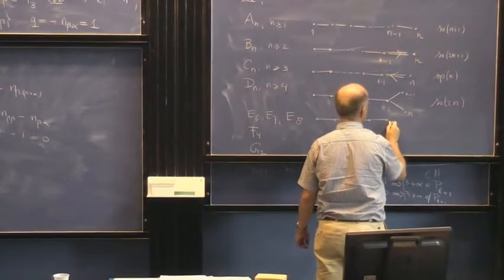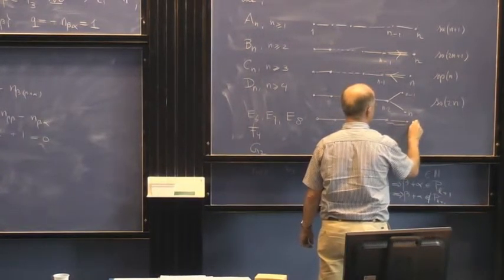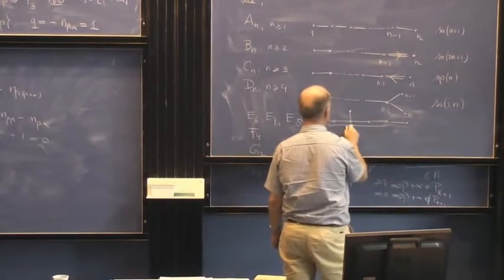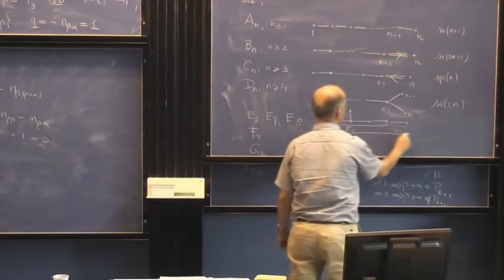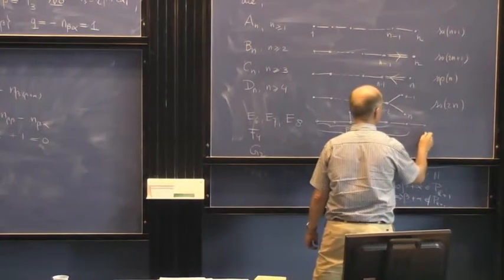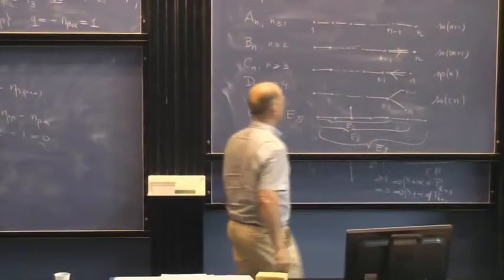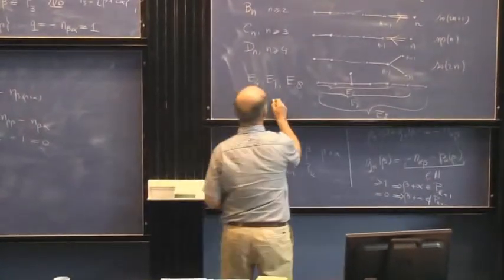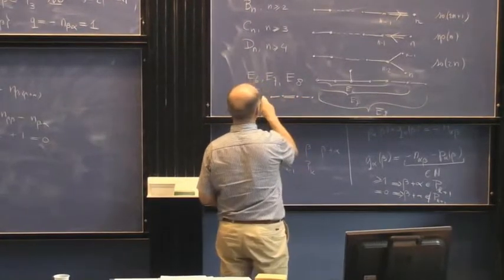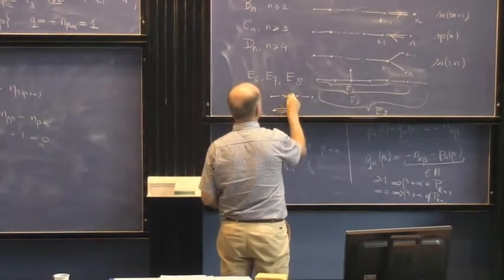So by adding one more here we get E7, and then this will correspond to E6, this to E7, and then one more corresponds to E8. And then we have F4, which looks like this. The 4 indicates the rank of the root system, and we have G2, which looks like this.